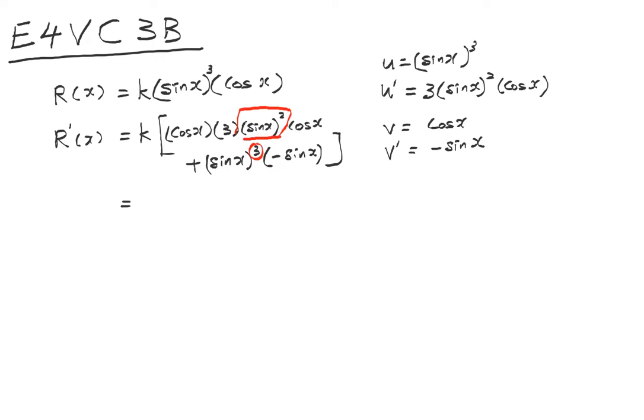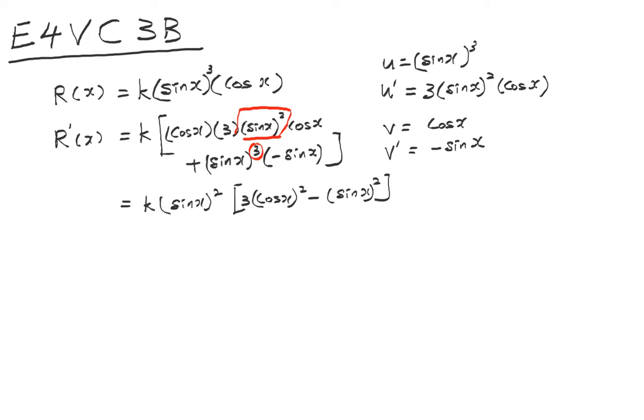Okay, so I factorize out sin X, the whole thing squared. So here I left with 3 cos X, the whole thing squared. And here sin X times negative sin X, I got negative sin X squared, right?